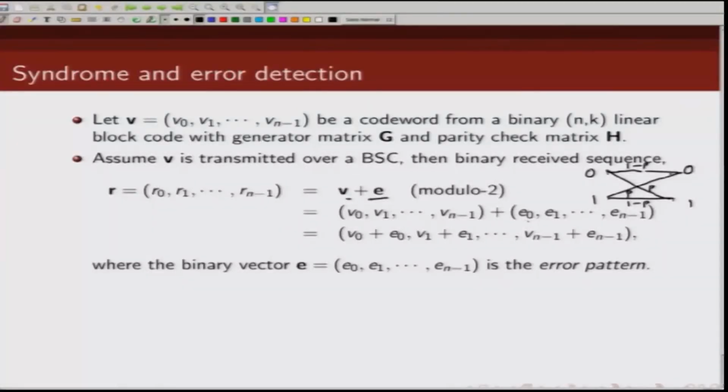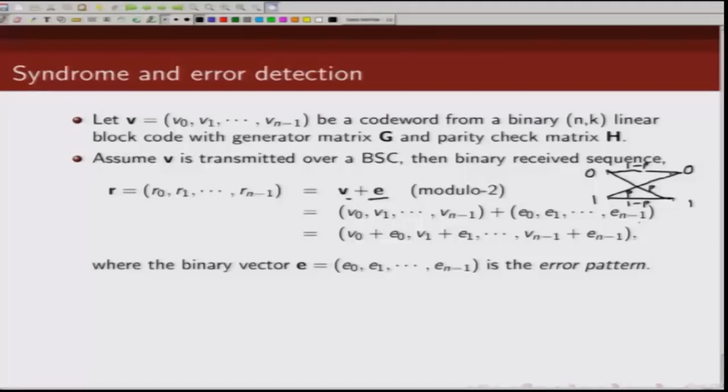We describe our error vector by E0, E1, E2, up to En minus 1, and whenever an Ei term is 1, that means that particular bit was not received correctly. So, we can write the output of the binary symmetric channel: the first bit that we receive is V0 plus E0, the second bit is V1 plus E1, similarly V2 plus E2, and finally we get Vn minus 1 plus En minus 1, where E0, E1, E2, up to En minus 1 is my error pattern.